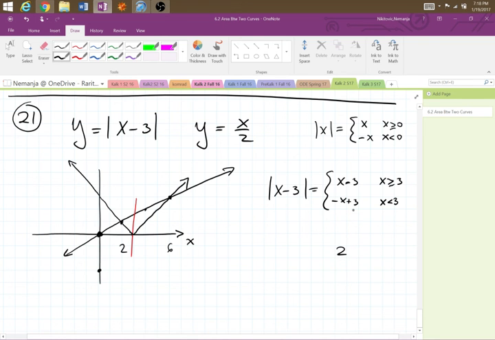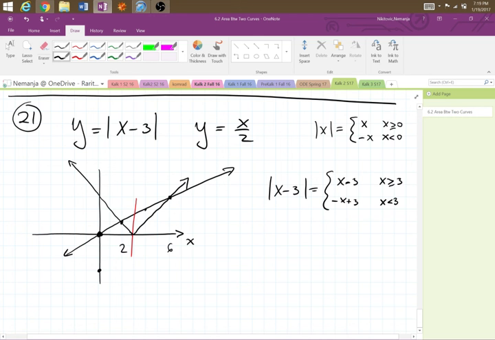So plug in 2. Over here, I will get absolute of 1, and over here 3 minus 2 is 1. Plug in 0. 3 plus 0 is 3. 0 minus 3 is, right, absolute value of negative 3 is still positive 3 that you get from here. So this definitely works.